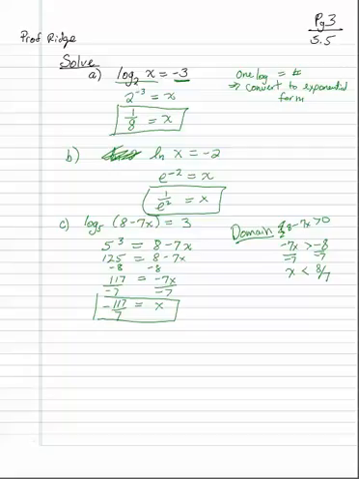So if our solution to this problem is not in the domain, then you have to throw it out and say there's no solution. So there's 2 ways you can do it. You can figure out the domain and then see if your answer is in the domain, or just plug it back into the problem and make sure it works. Either way, you have to be conscious of the domain and make sure that your answer is in the domain, meaning you're allowed to use it.